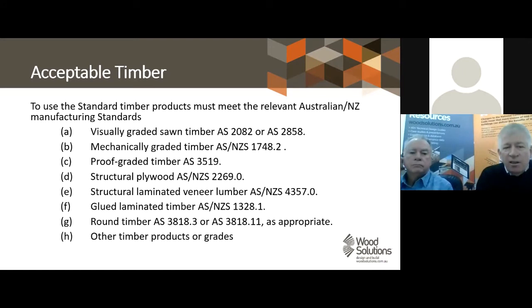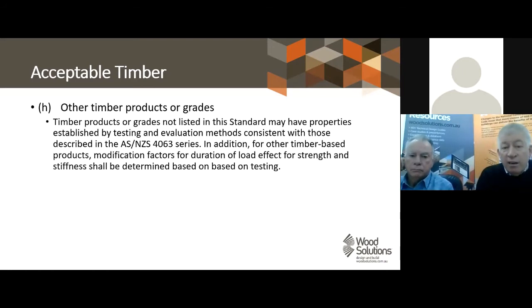And there is another one called other timber products or grades, which is section H. The important thing here is you can use other products and grades, but their properties need to be determined to the AS/NZS 4063 series of characteristic values determinations, and the duration of load factors for strength and stiffness are determined on tests.